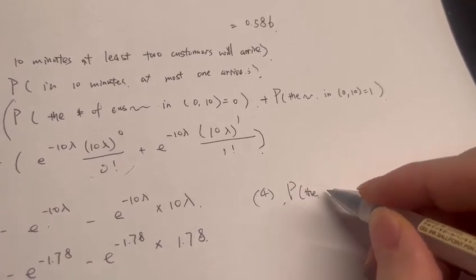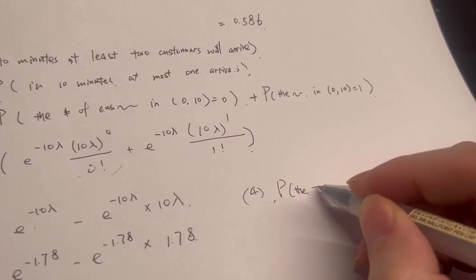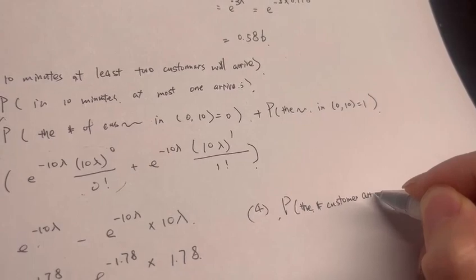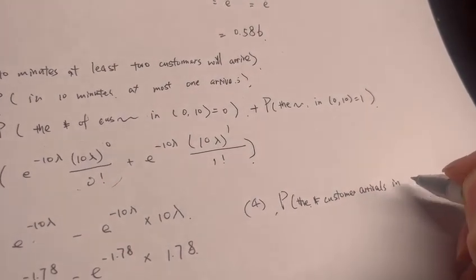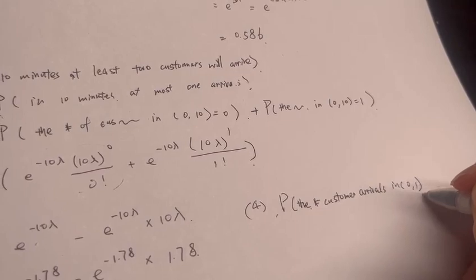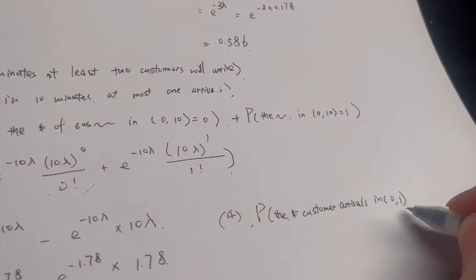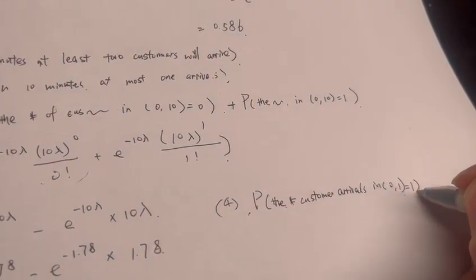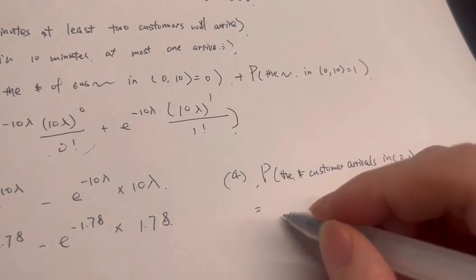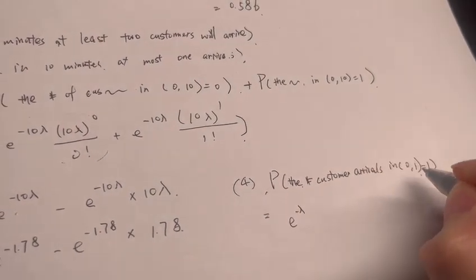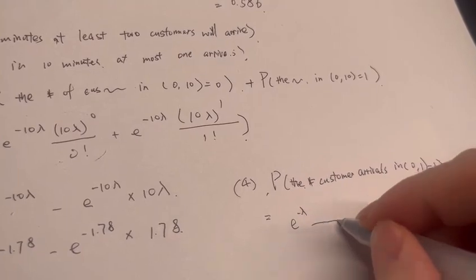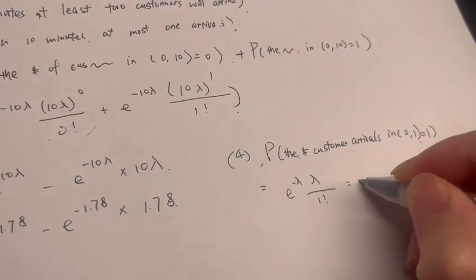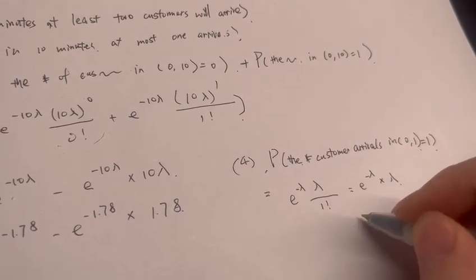It equals the probability that the number of customer arrivals in exactly 1 minute, in a time period from 0 minute to 1 minute, equals 1, so t equals 1 and k equals 1.